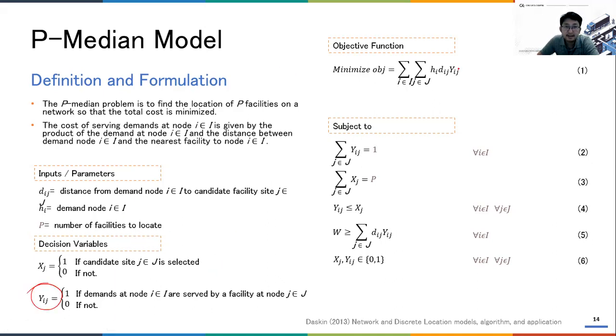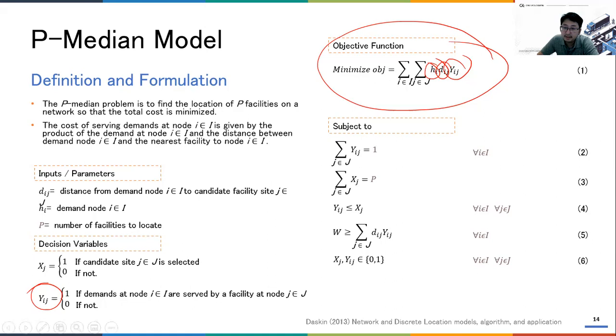Okay, then the objective will be the total demand being served, multiplied by the distance, and then multiplied by the decision whether that particular demand at I will be served from J or not.